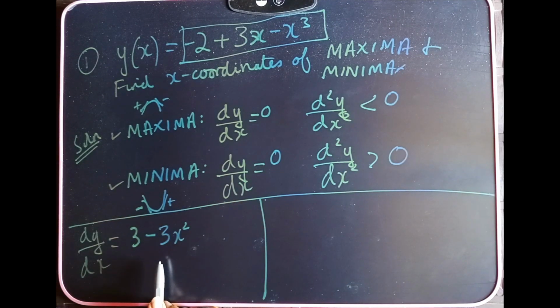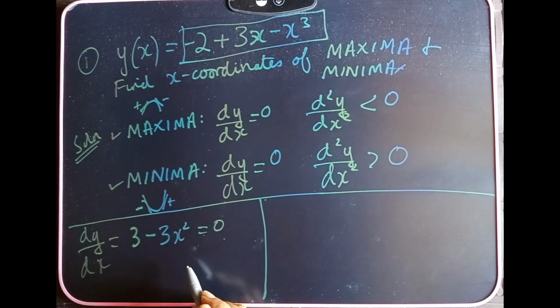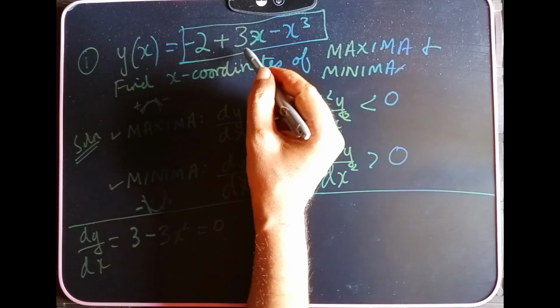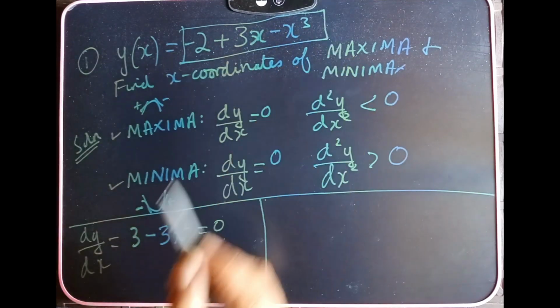This is what you're supposed to get for the differentiation, and this you're supposed to equate to 0. So if you equate to 0, what will happen?